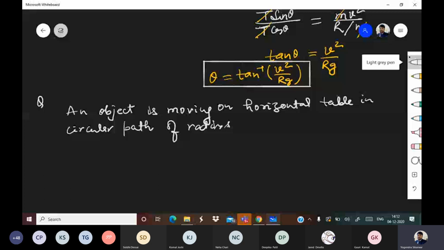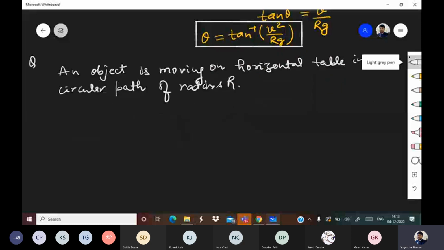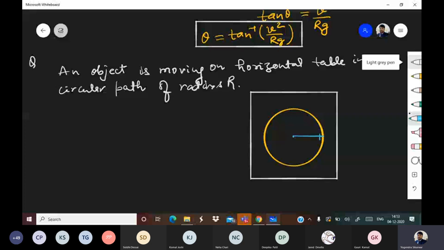Okay, so let me draw the diagram. What is happening? So this is a horizontal table, and the object is moving on a circular path. This is the object. So the mass of the object is small m.